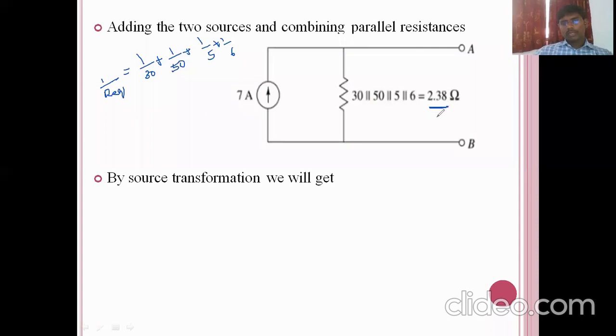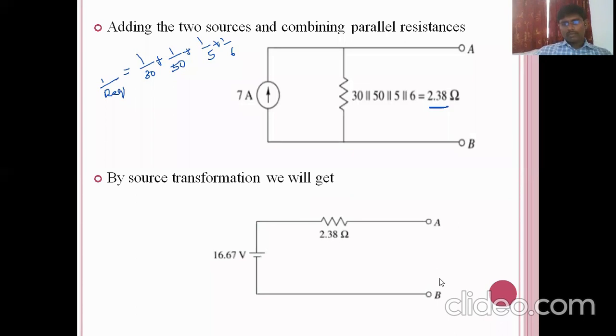But our task is to calculate the equivalent voltage source in series with resistance. Now, you convert the parallel combination of this current source and resistance into an equivalent voltage source in series with resistance. After converting this current source into a voltage source, it will be like this.